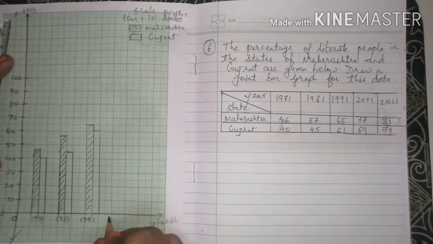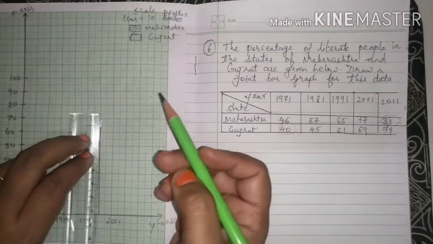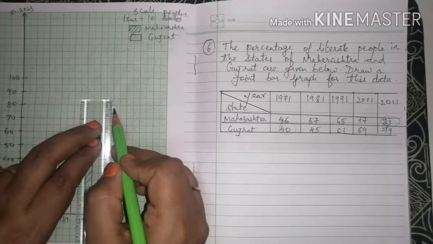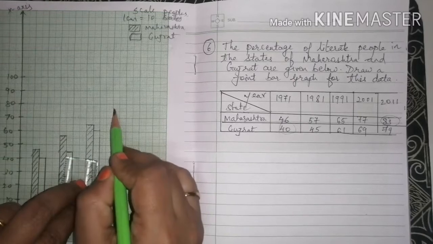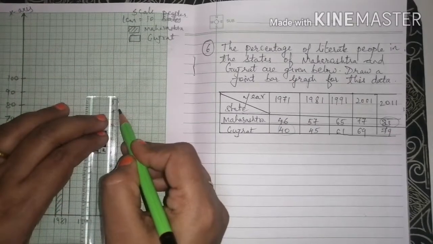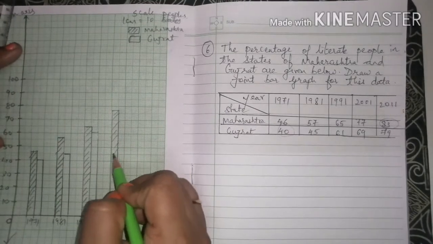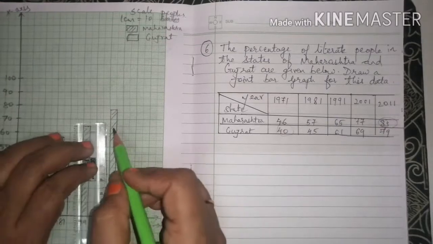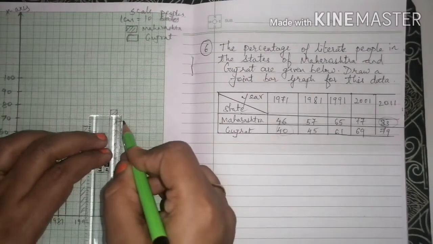Now 2001, it is 77 in Maharashtra. So above 70 you have to show 7 lines. 5, 6, 7. This is Maharashtra. 69 in Gujarat, so above 69 lines. So this will be here.